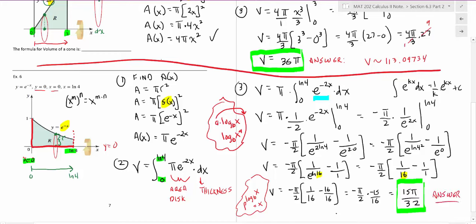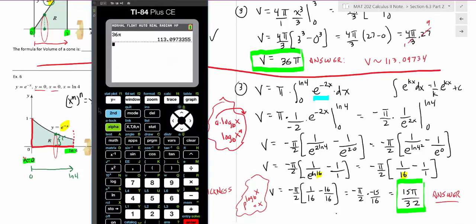Okay, all right, let's pull up the calculator and let's do a quick checkaroo on this one. Okay, so let's check our integral. So what we're integrating is pi e to the negative 2x. Let's graph that function, putting in the pi, and then e to the negative 2x, like that. So that's what we're going to be graphing.